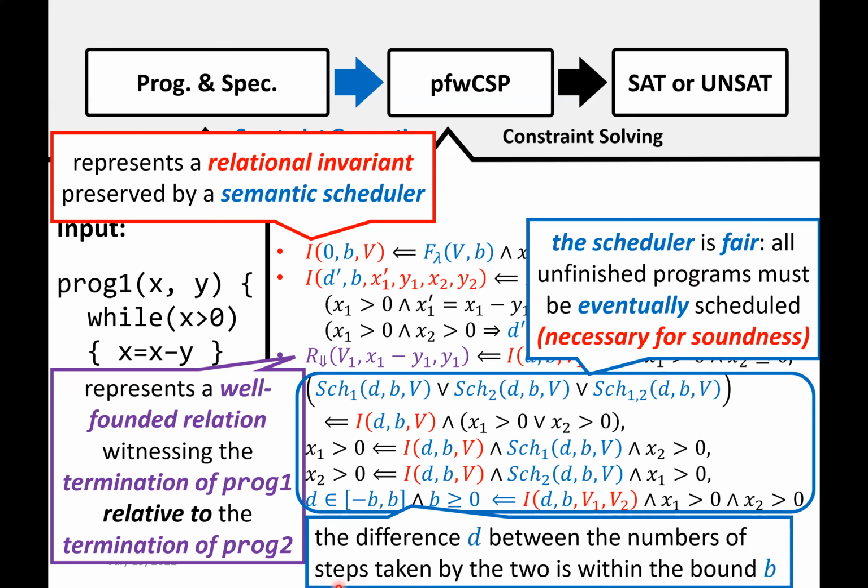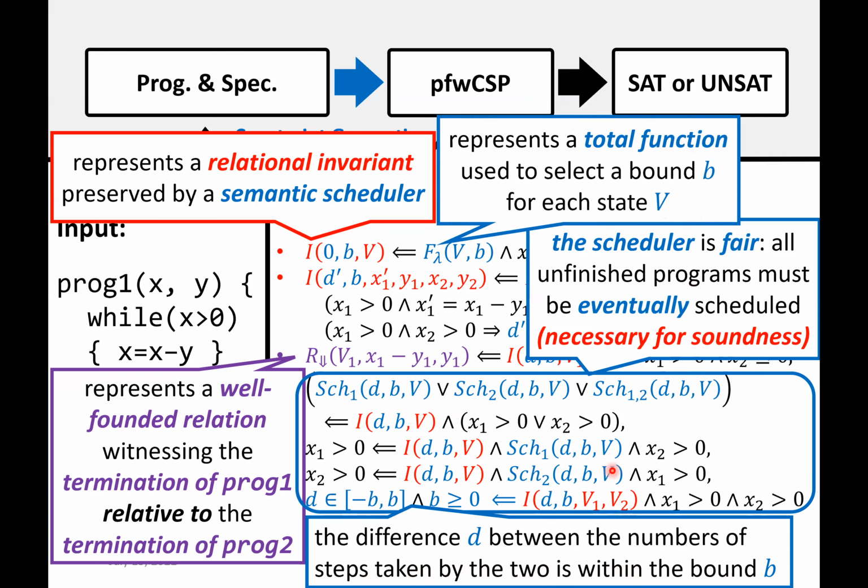And to ensure the fairness, we introduced the difference D between the numbers of steps taken by the two copies, which is required to be within the bound B. The bound B is chosen by using a function predicate, a total function.